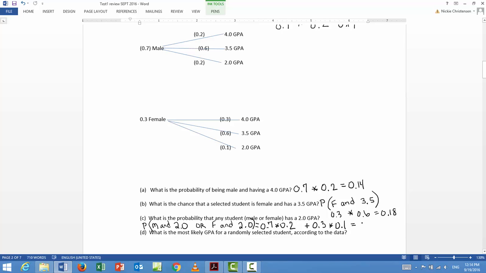If you do the multiplication and then add them up, you should get 0.17. You could do that on your calculator in one entry, but just make sure that you put parentheses around these.